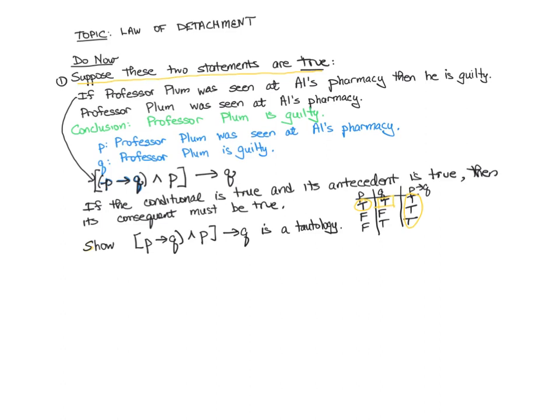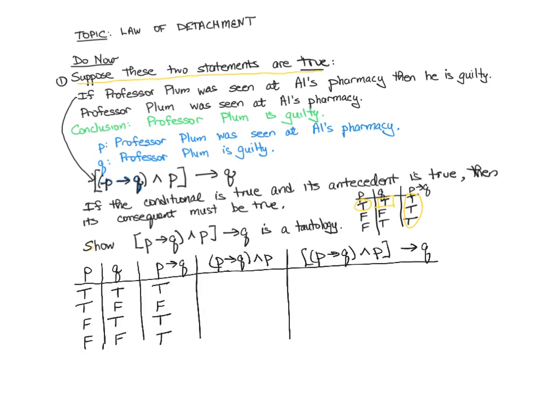Now let's do that quickly just to refresh your memories. Note that I filled in the beginning part of the table. When we combine the conditional with the antecedent, we have true and true is true, false and true is false, true and false is false, and false and false is false.